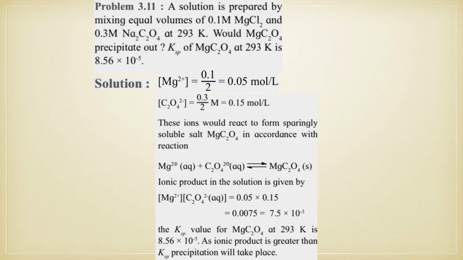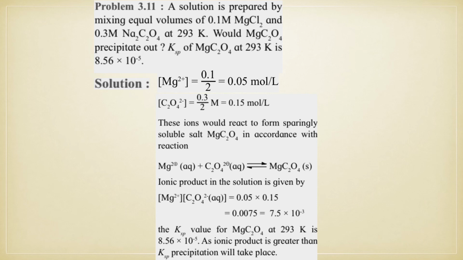IP is simple. It is a product of the ions. So concentration of Mg2+ into the concentration of C2O4 2-, that is 0.05 into 0.15, will give me the value 0.0075, that is equal to 7.5 into 10 raised to minus 3. Now I got the IP value as 7.5 into 10 raised to minus 3.